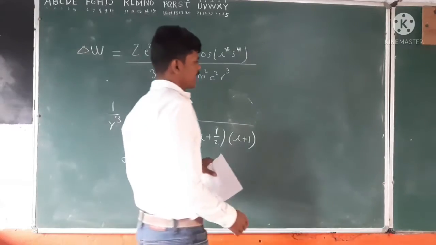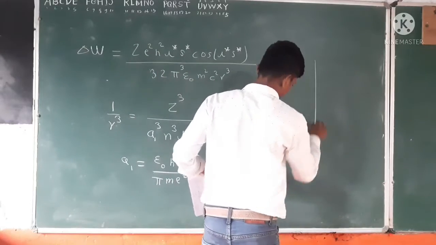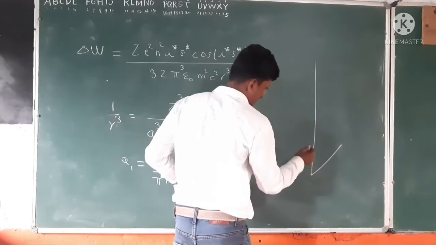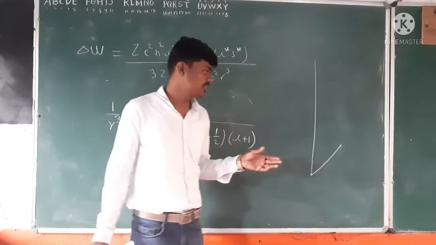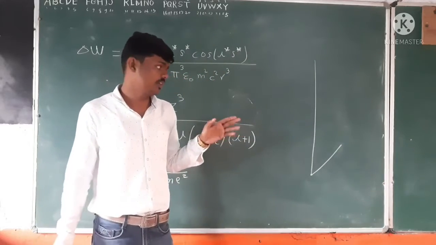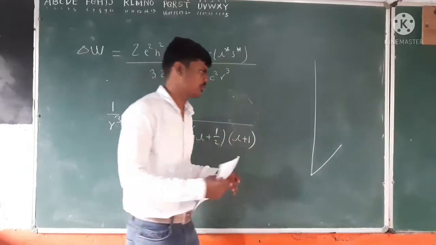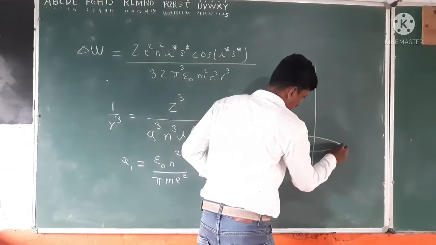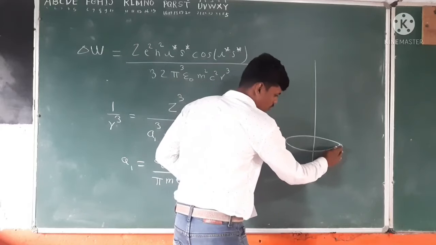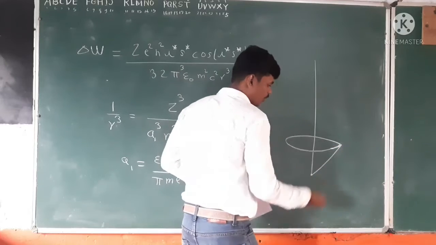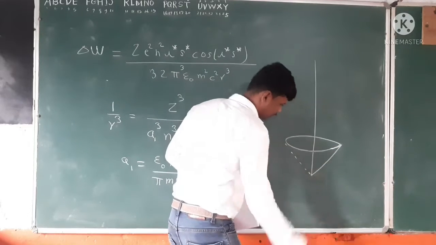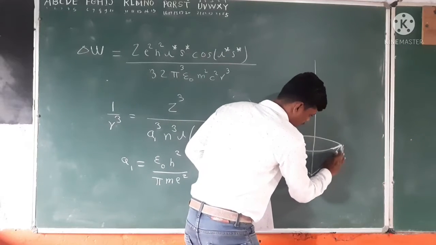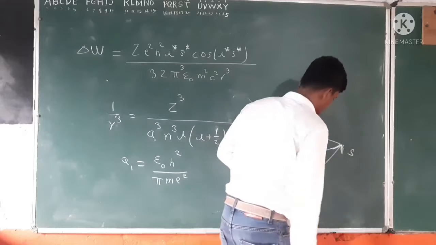Now consider the diagram. Here we are using the vector atom model. We are considering the vector directions of each spin and orbital motion. Consider this precession of the vector of the spin of the electron. We show it with an arrow, as it is a vector quantity, S star.